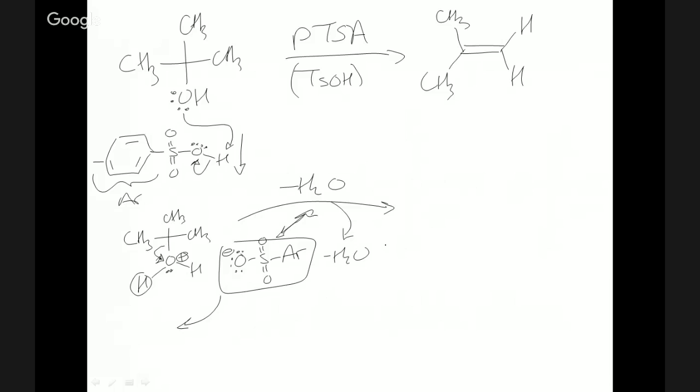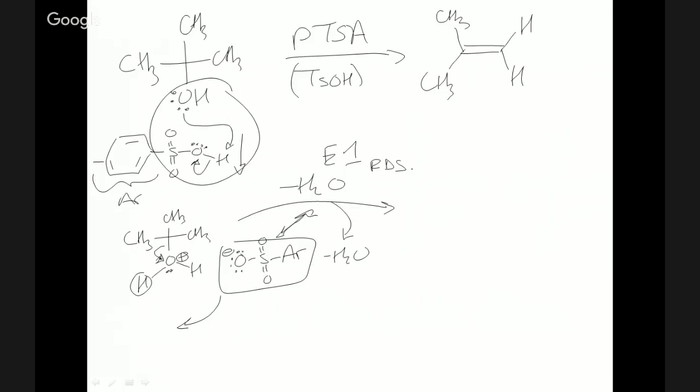It's like it is in E1. So it's not always the first step. If protonation is the first step, that's usually pretty fast. Even though we're talking about breaking the oxygen-hydrogen bond, that's a very acidic proton. That's fast. Now, breaking a carbon-oxygen bond, that's slow, the rate determining step.